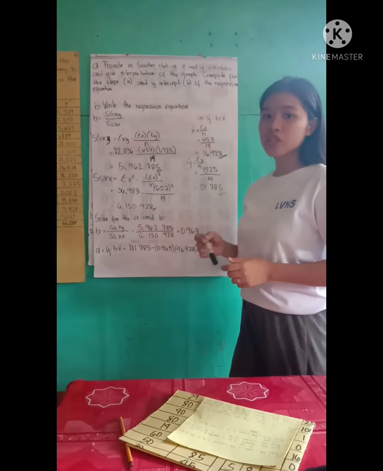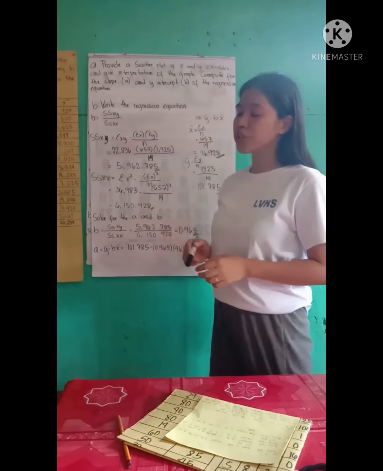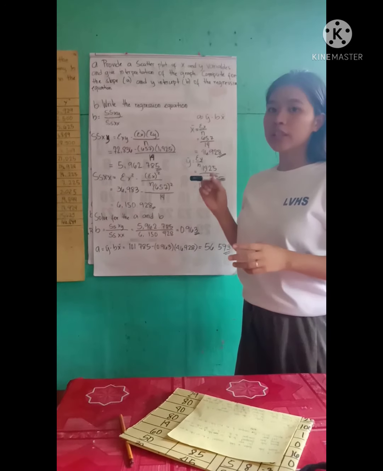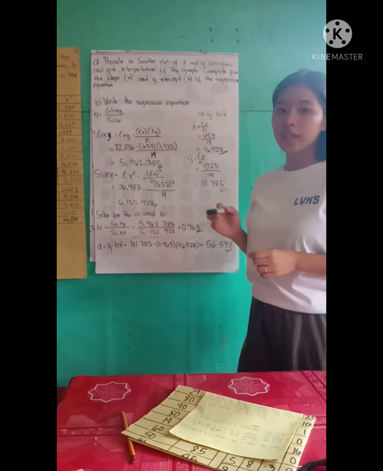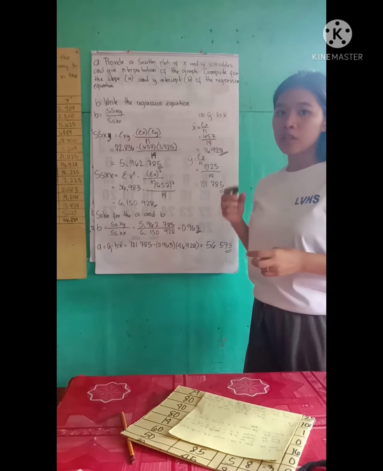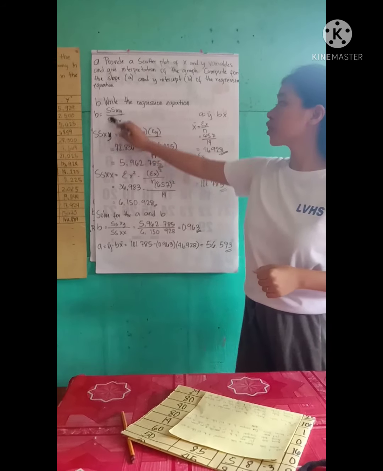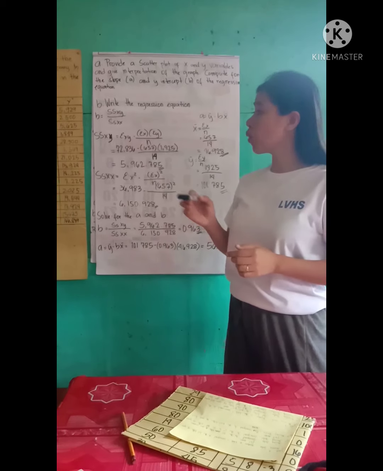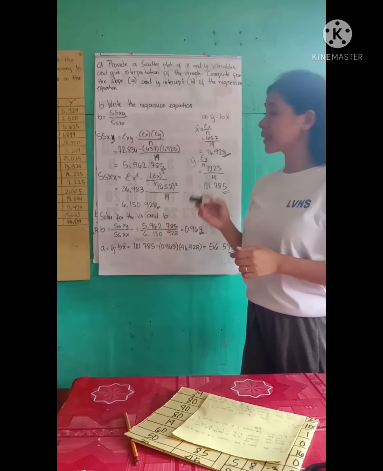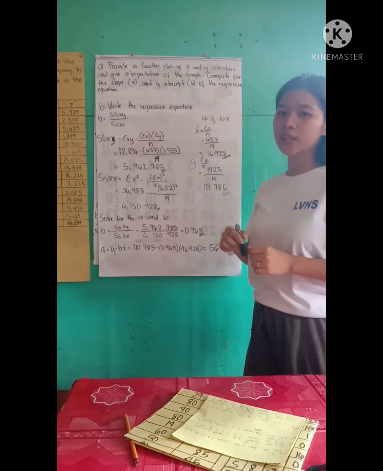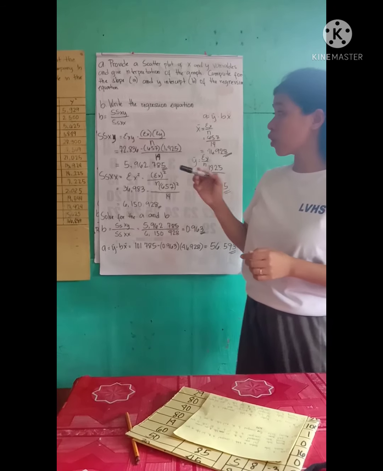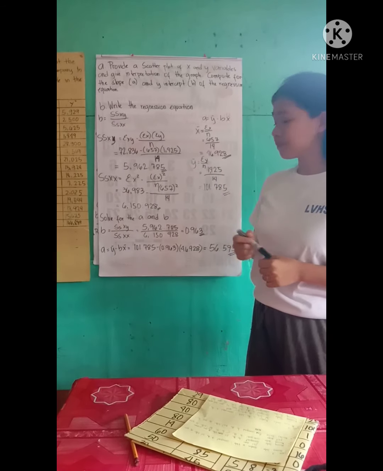Let's start to answer the question B. For the question letter B, write the regression equation. It is just the same procedure as in the previous question. We need to solve for the summation of square xy and the summation of square xx, as well as the mean of y and the mean of x for us to solve the b and the a.